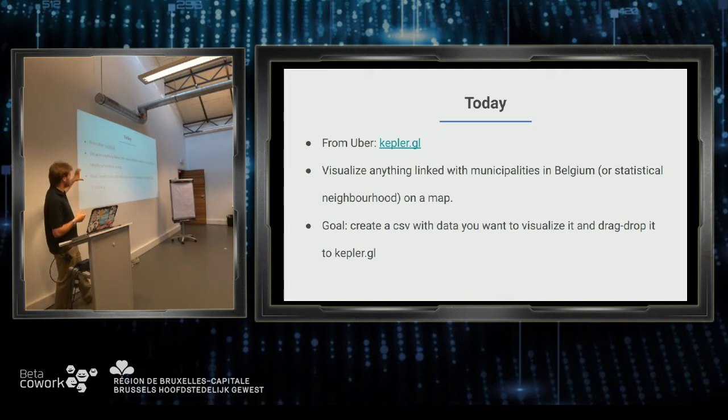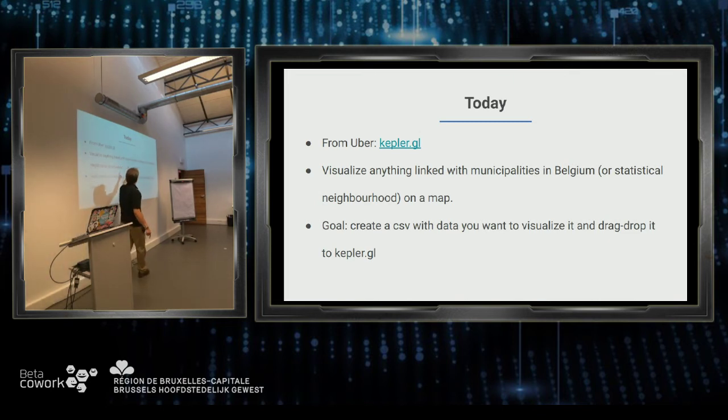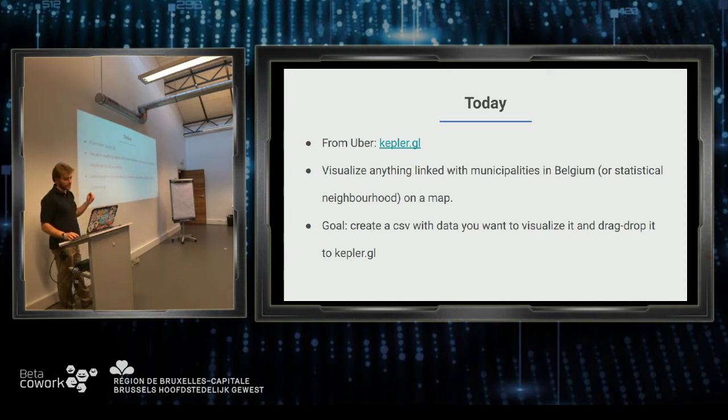To do that, you need to create one CSV with both the data you want to visualize and the shapes of those things, the shapes of municipalities or statistical neighborhoods. You'll see right afterwards how it looks.